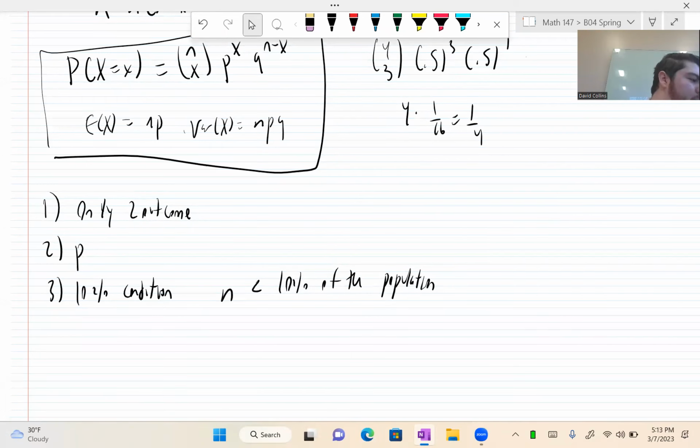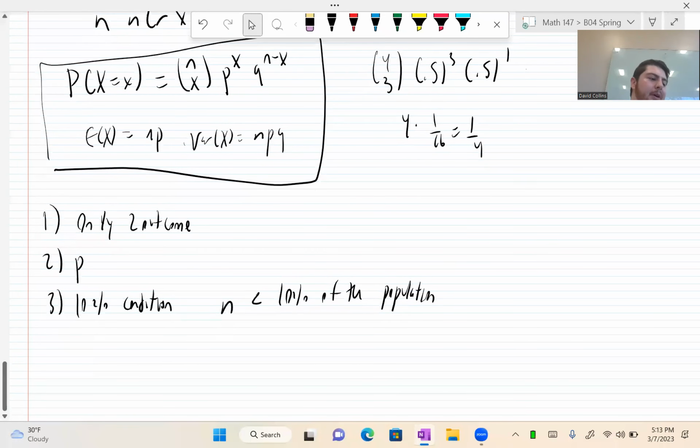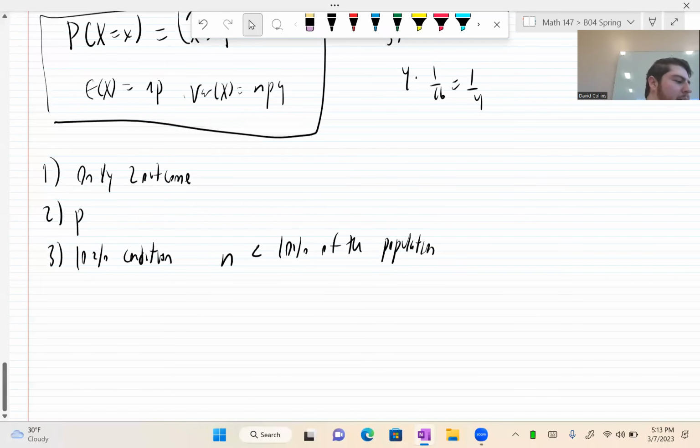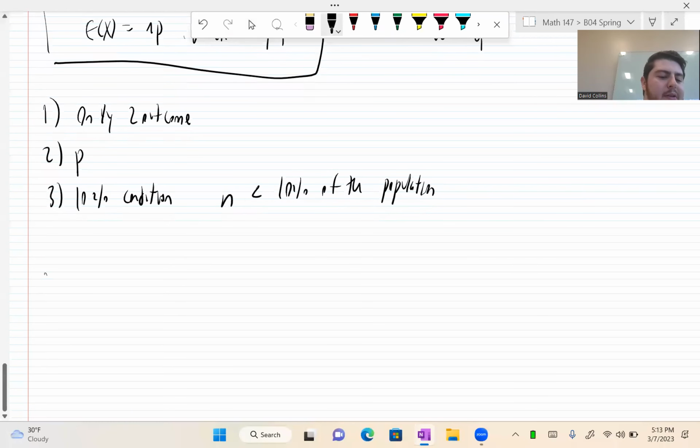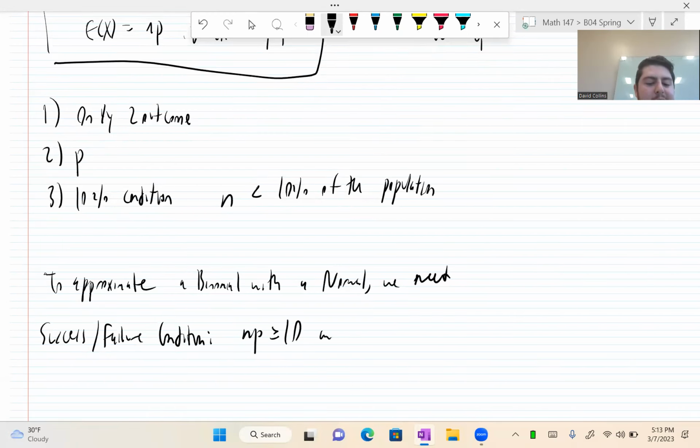So one thing we can do is approximate a binomial distribution with a normal model. To approximate a binomial with a normal, we need the success failure condition. This says n times p is greater than or equal to 10, and n times q is greater than or equal to 10.